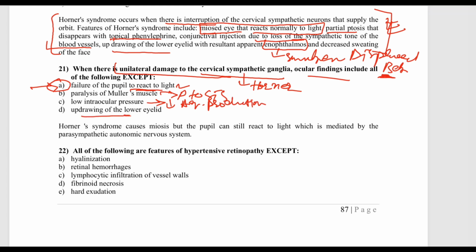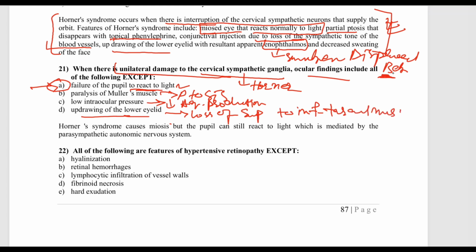There is updrawing of the lower eyelid due to loss of sympathetic tone to the inferior tarsal muscle.